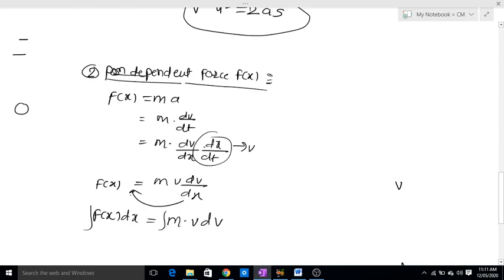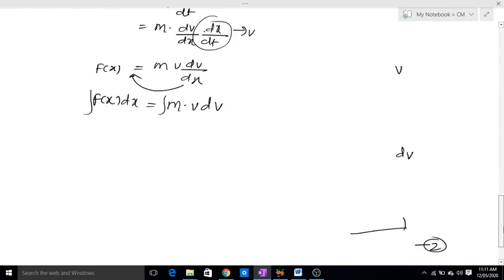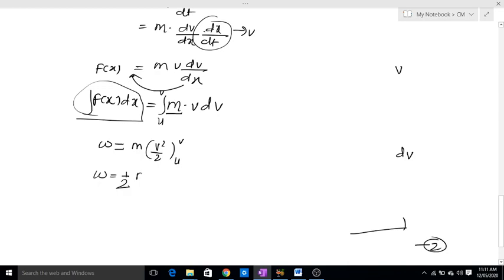Make an integration. Now on the left hand side you can see integral f of x dx is nothing but work done. Here m is constant, take it outside, and integral v dv, initially u, finally v, and integral of v is nothing but v square by 2, from u to v: half times m, v square minus u square.